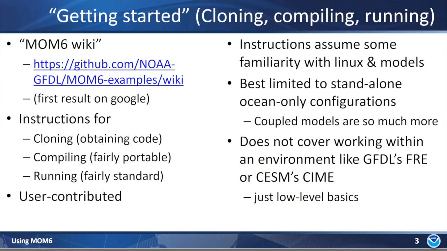Quickly, I'm not going to go into much detail here because there is actually a MOM6 wiki for users who are just building the ocean-only code. The MOM6 examples wiki is a user-driven wiki page. It has instructions for cloning, which means obtaining the code, compiling and running. Running codes these days is pretty straightforward if you're using MPI. If you just search for MOM6 wiki on Google, it will be the first link, if you don't want to write down that URL.